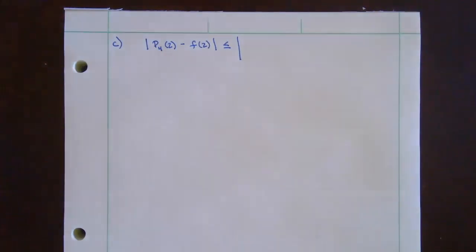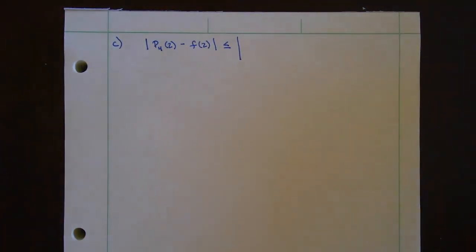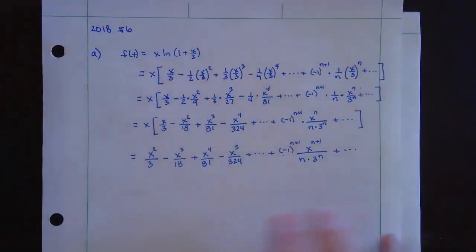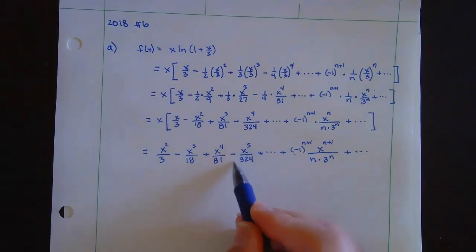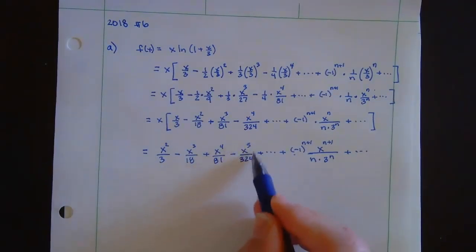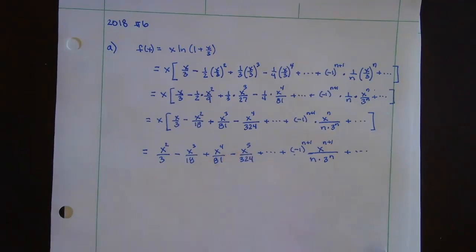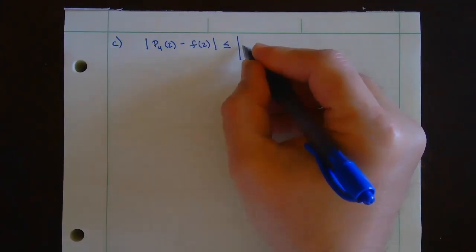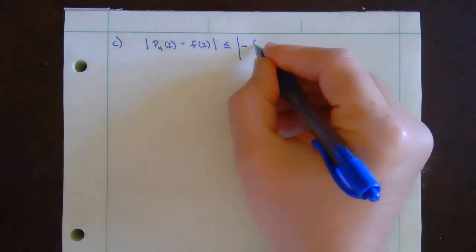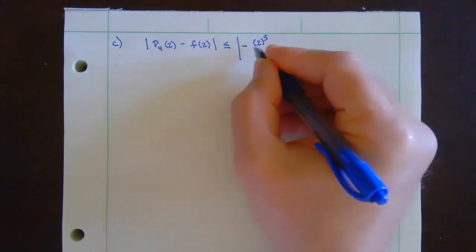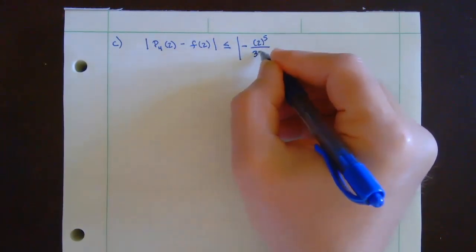And the next term, if you look at our original problem, would be this one right here, the fifth one, right? By putting 2 in here for x, okay? So it would be less than or equal to negative 2 to the 5th over 324.